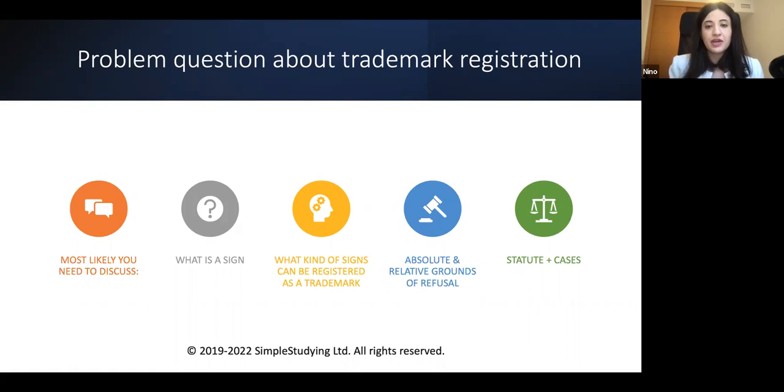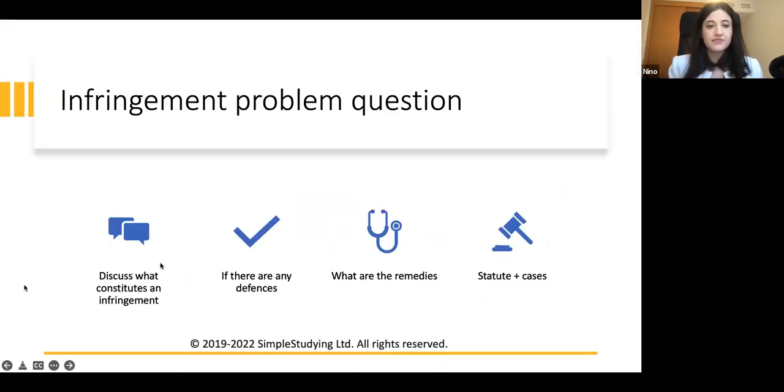About the infringement problem question, you need to first discuss if Section 10 of the Trademark Act applies, and if the facts that have been described to you could constitute an infringement. There is no right answer in law, but you need to give assumptions of in what kind of case, and on what basis, the court could say that yes, this is an infringement, and on what basis the court could say that it's not an infringement.